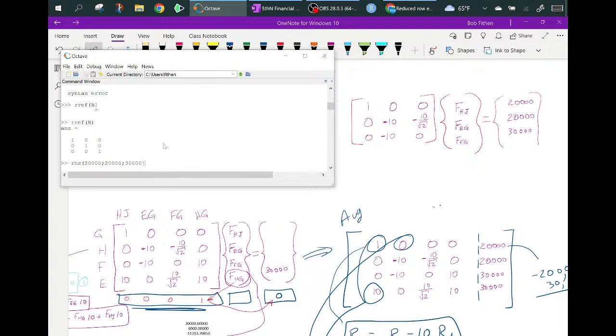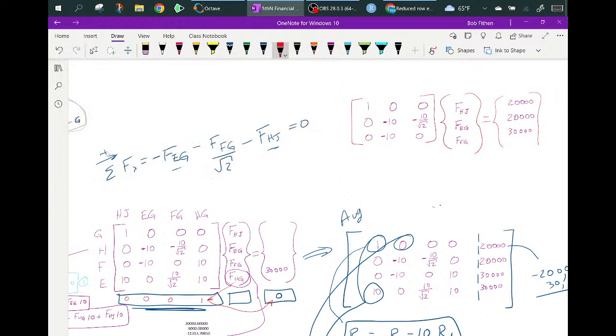And if I type them all in, equals to the bracket. Now I can do inverse. I think I called it B times the right-hand side. And now I get 3 actual numbers. So I get the actual answer. Okay, hang on. Copy. And we're going to go back and double check this.